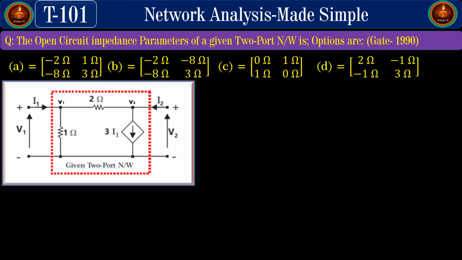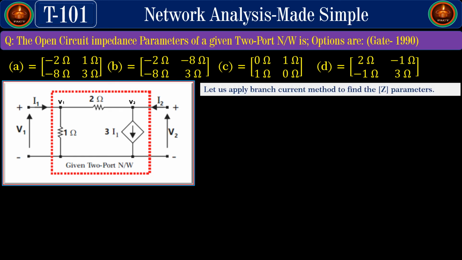Friends, now let us check whether our option selected without calculations is correct or not by solving this network to find the Z parameters using the branch current method.